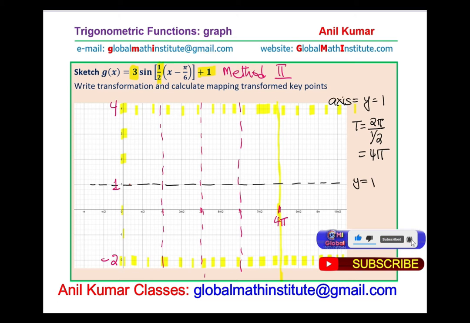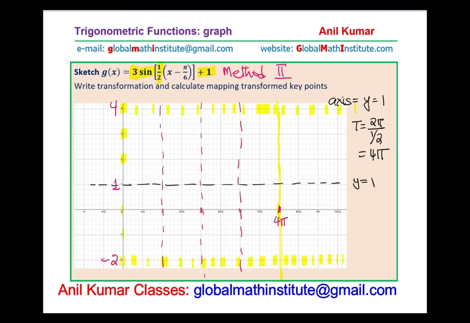Makes sense, right? We are talking about sine function. Sine function starts from axis. So the sine function is what? It is axis, right? Maximum, axis, minimum, and then axis. Makes sense?